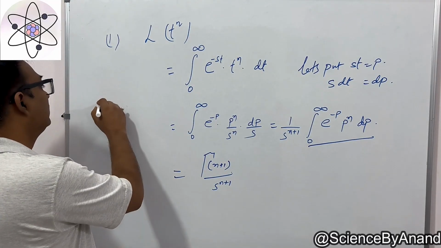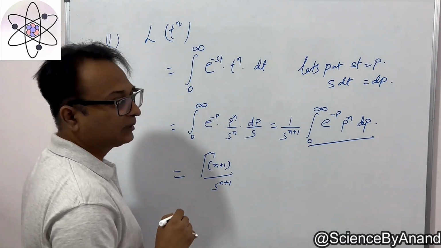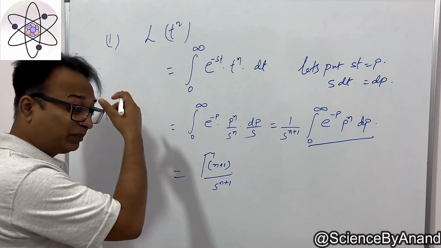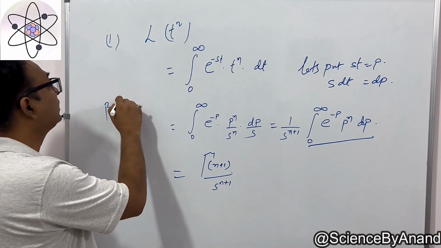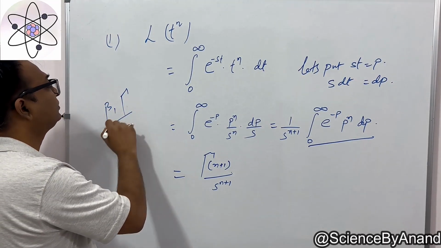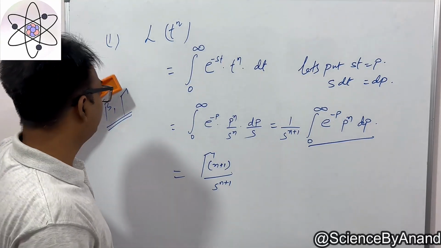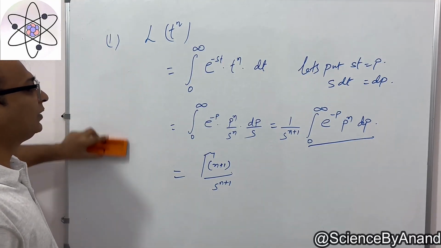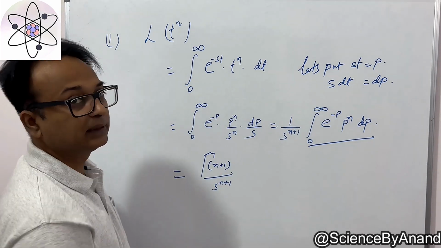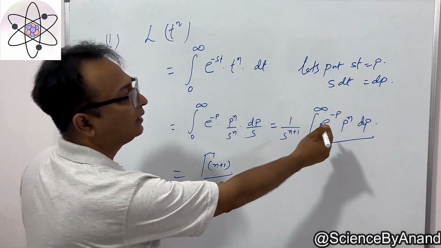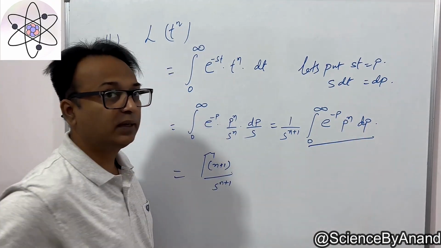Those who are not familiar with beta gamma functions will have to go to the chapter on multiple integrals and see what beta gamma functions are. This is an integration. So gamma of n plus 1 is defined like this. Actually in your books you will see gamma n, and here you will have p to the power n minus 1.